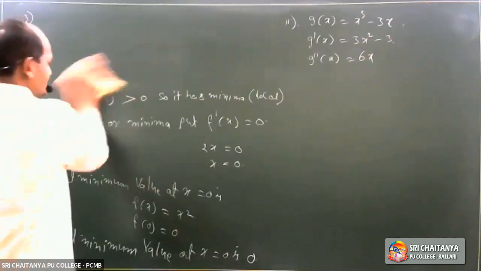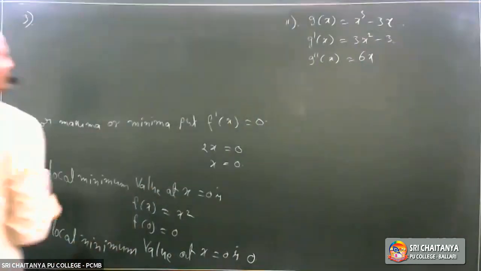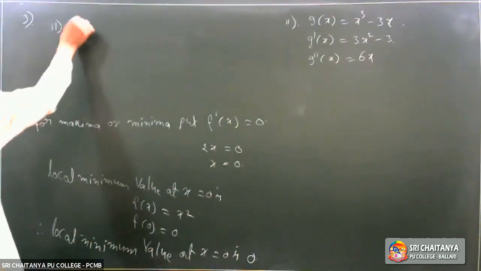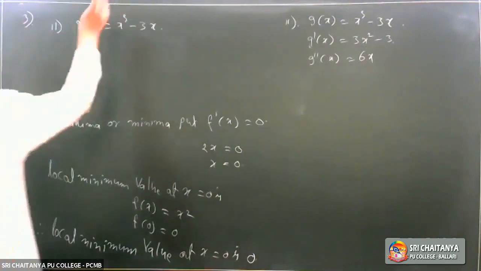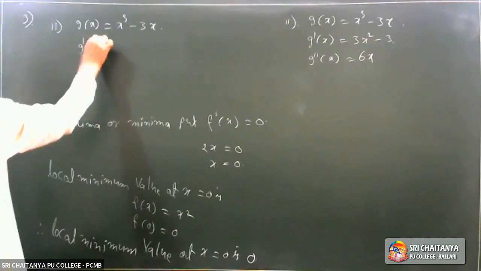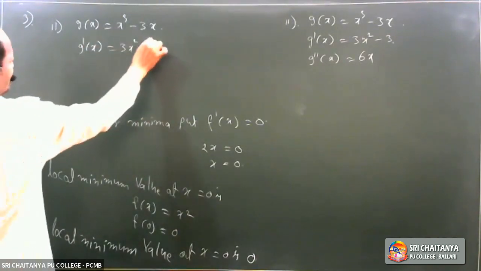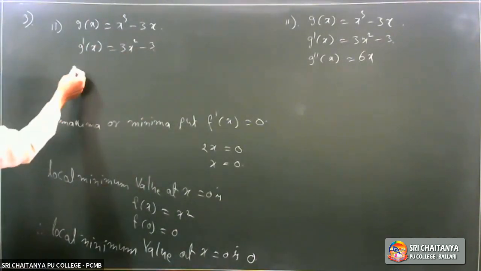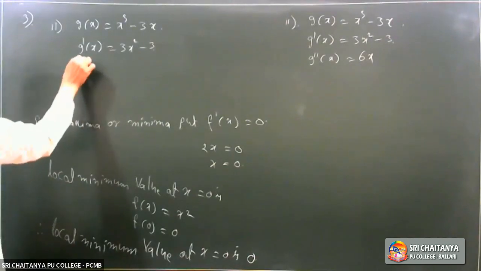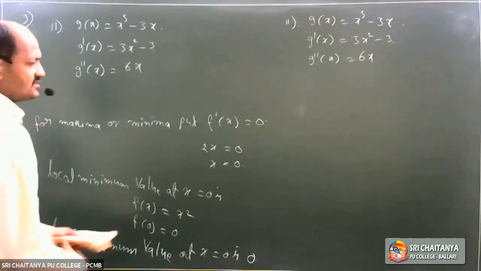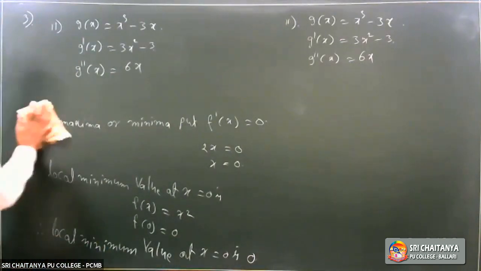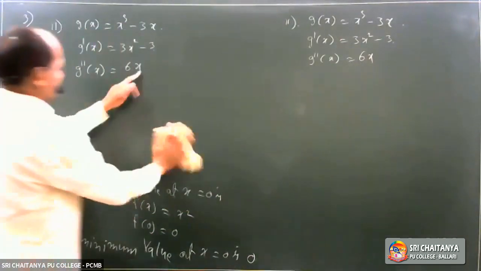Okay, right, the next question. That is g of x is equal to x cube minus 3x. What about the derivative? It is 3x square minus 3. So g double dash of x is 6x. The second derivative being positive or negative depends on x.